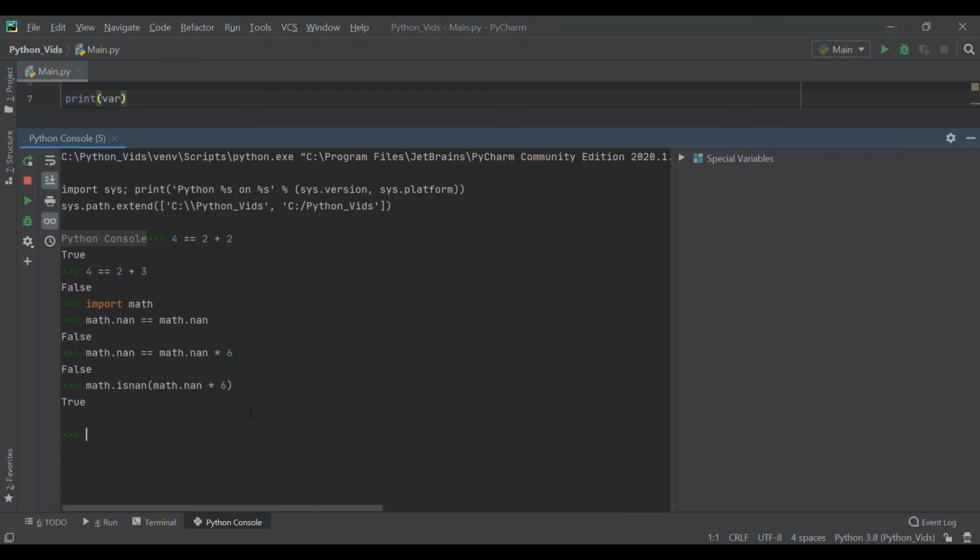And so let's compare that to the other value we just saw, math.isnan of math.nan to the power of 0, which remember gives you a numerical value, not a nan value. So this is asking the question, hey, is this a nan value? False. No, it's not a nan value. That gives you a regular value.